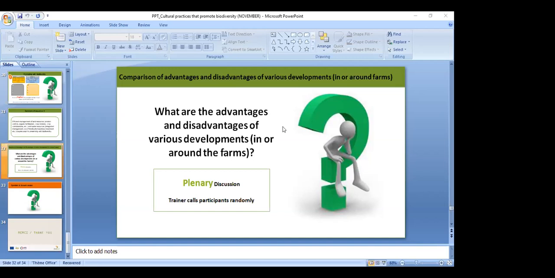The advantages, I can say one of them is it beautifies the environment and makes it an ambient place. For various activities, it creates that kind of atmospheric environment for work.